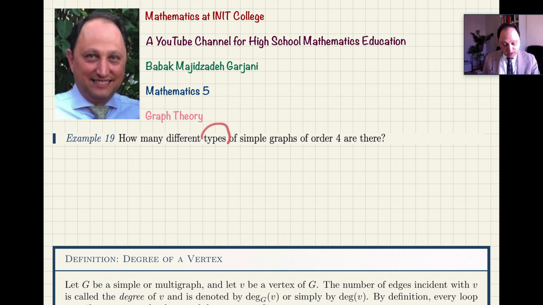I am just asking you about different types. And unfortunately, there is no simple closed formula for calculating the number of types. For the time being, I want you to announce how many of them there are. I want to give you 4 minutes. I think it's good. So you know what to do.